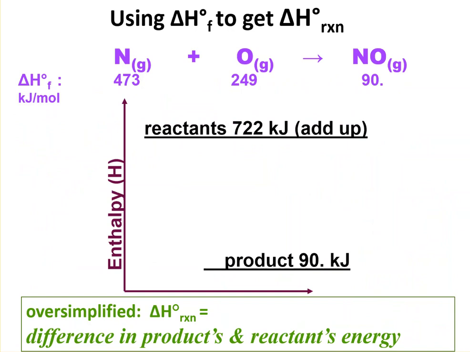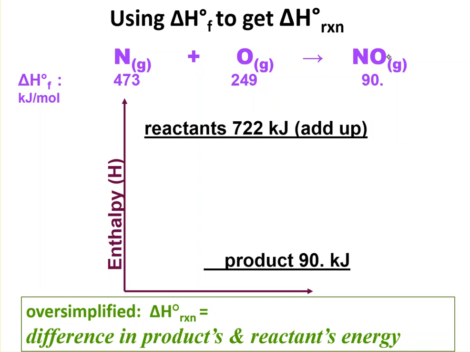Okay, this one's kind of a strange reaction because I have monoatomic nitrogen and oxygen, which isn't the normal state. If this were N2, the heat of formation would be 0, because that's the reference form, the most stable form. But I just chose to make up a reaction where this is monoatomic and this is monoatomic, and I looked up the heats of formation.